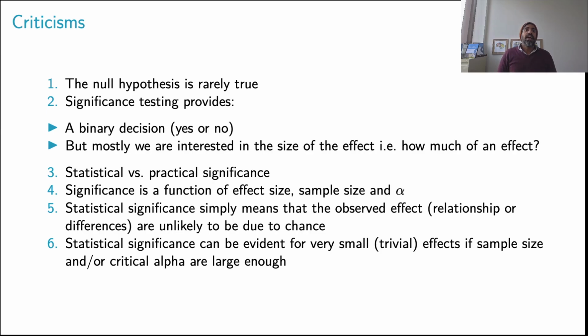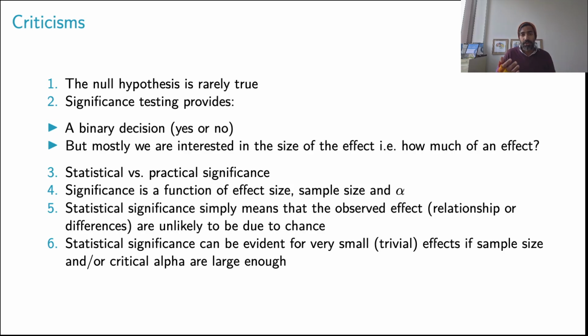And so what are some of the criticisms? Well, the null hypothesis is really never true. Think about it. If we were to take two random variables, what is the likelihood that there actually is no effect between them? If we take a correlation, say, between the two variables, what's the chance there's no effect? We've done analyses where we can see that any two variables are likely to have some form of relationship.